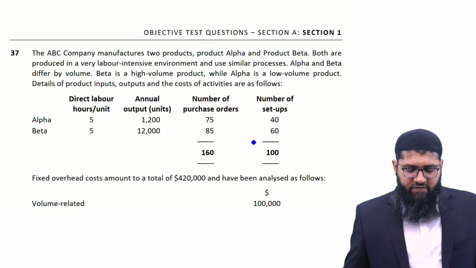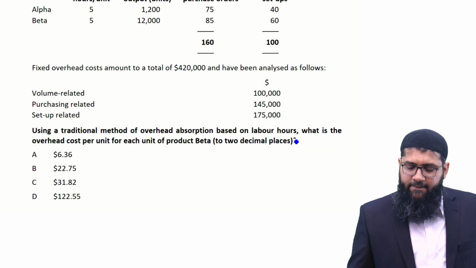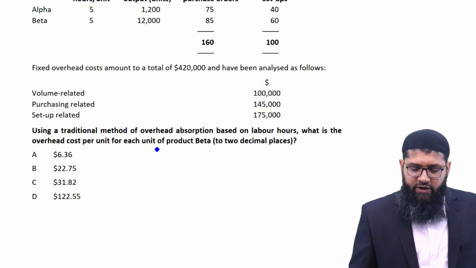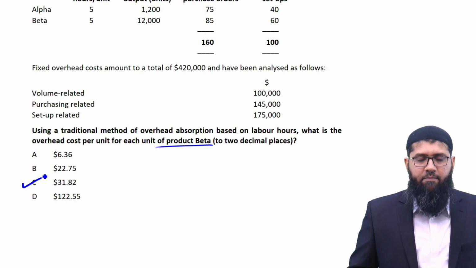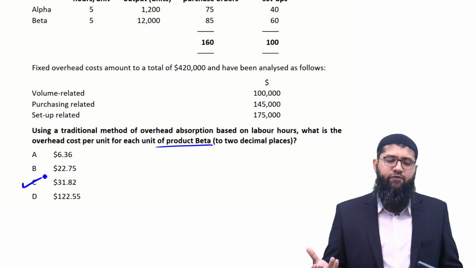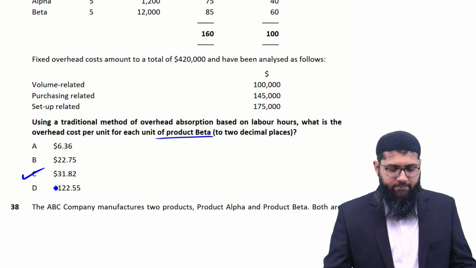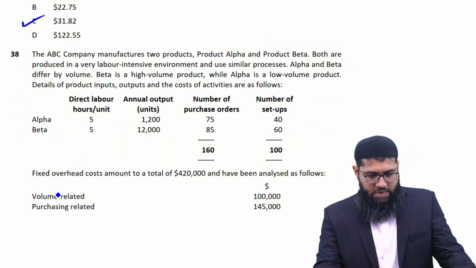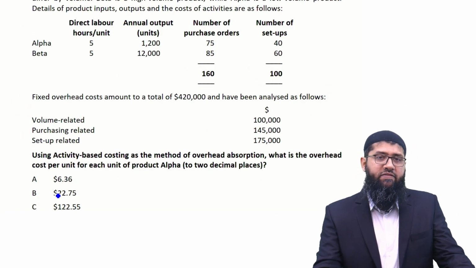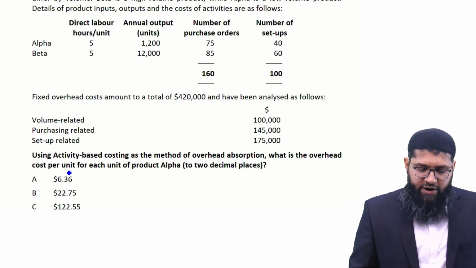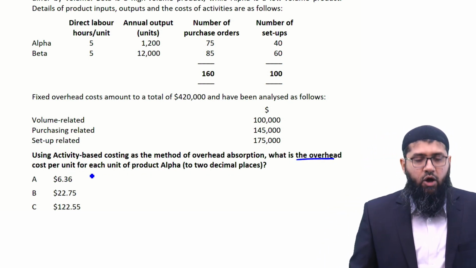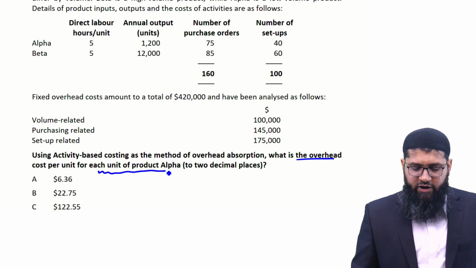Now it says using the traditional method, what is the overhead cost per unit for each unit of product beta? Again it's going to be the same, because beta also consumes 5 labor hours per unit. Now the third part asks you about activity based costing: what is the overhead cost per unit for each unit of product alpha?